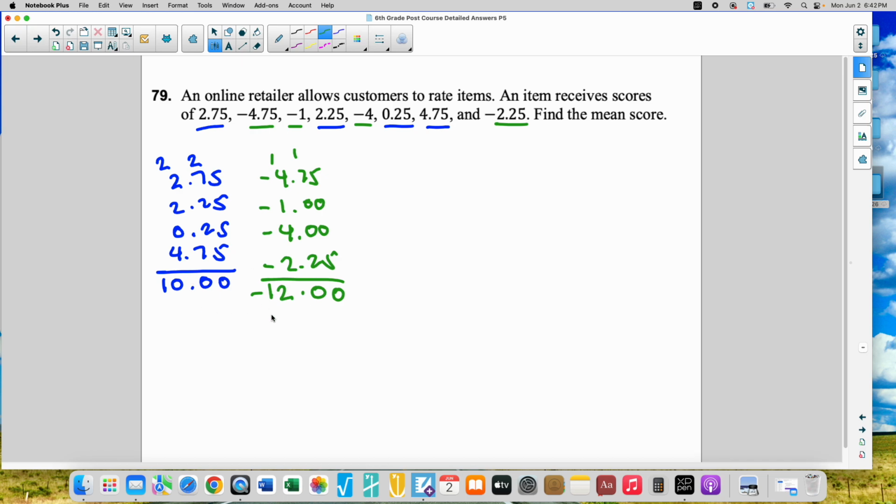So my sum between those two is going to be negative 2, divided by how many numbers? 1, 2, 3, 4, 5, 6, 7, 8. So my mean is negative 1/4, or negative 0.25 would be the mean for number 79. And that is correct. Nice way of keeping it easy.